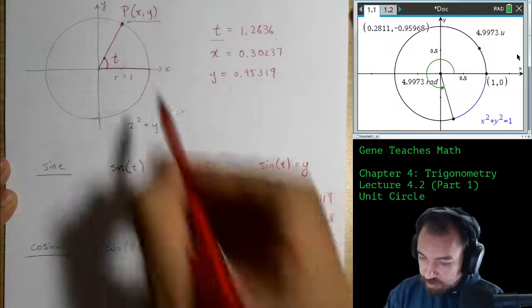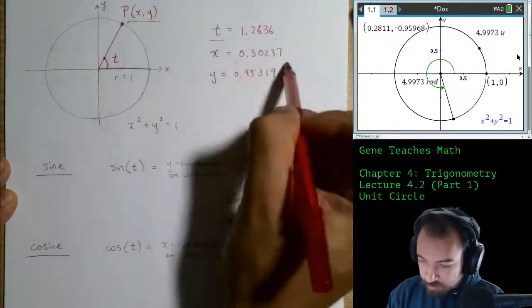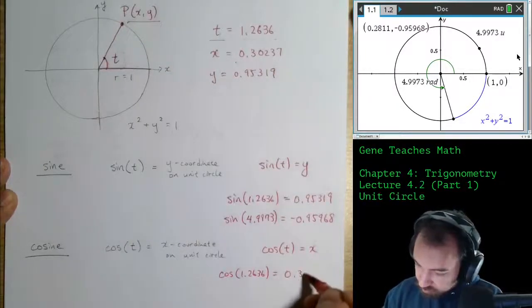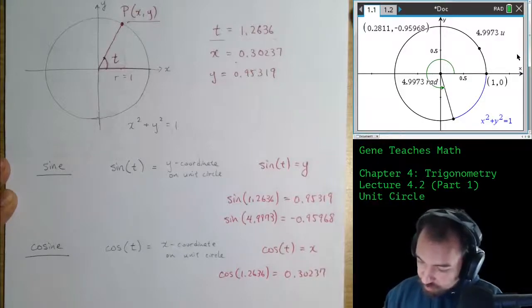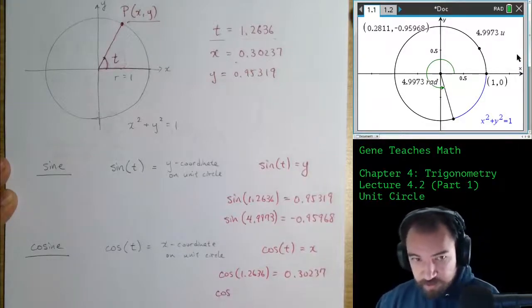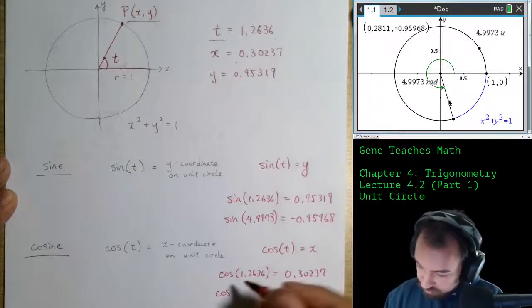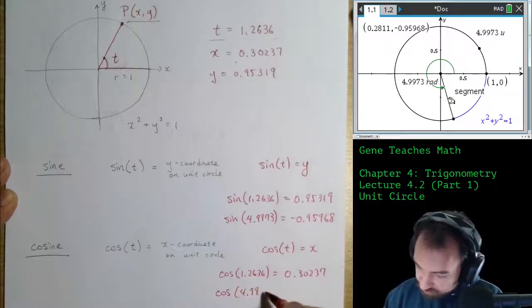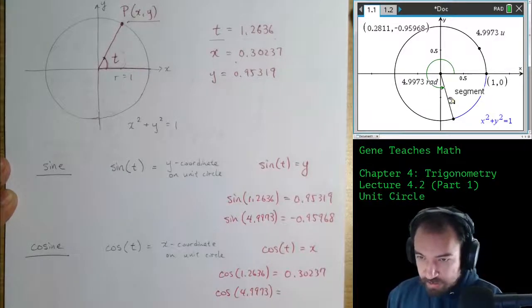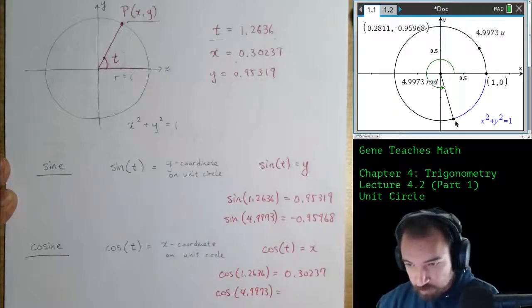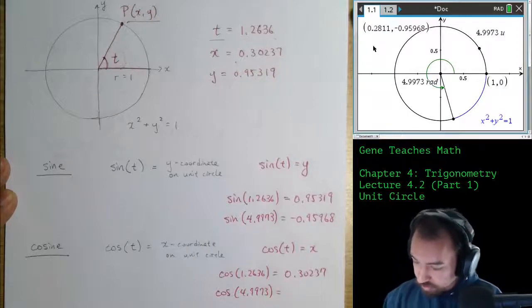This will equal the x-coordinate for that point, which was 0.30237. And then if we were to take cosine of the angle that's now displayed on the screen, 4.9973, we should get the x-coordinate of the point right here, which, looking in the upper left-hand corner, is 0.2811.